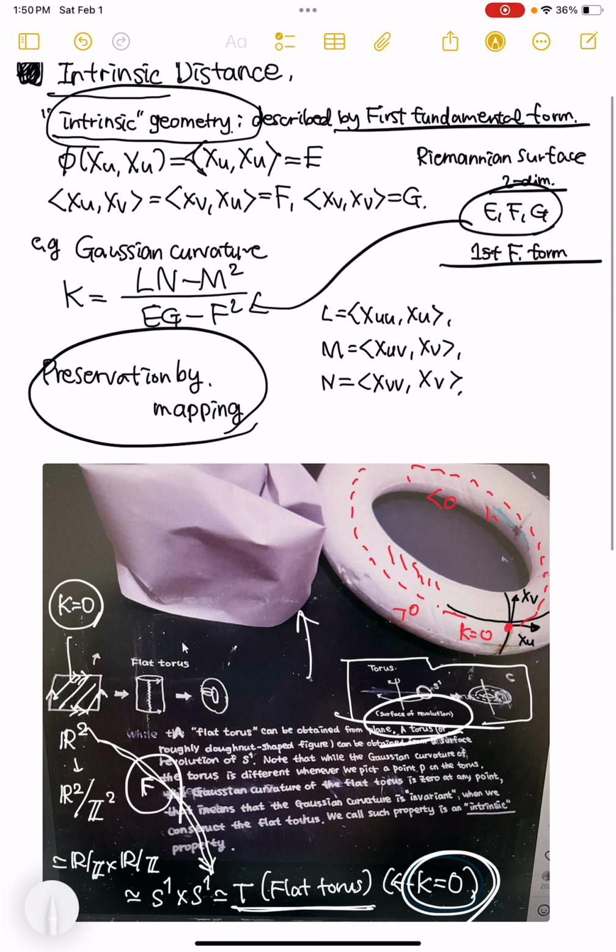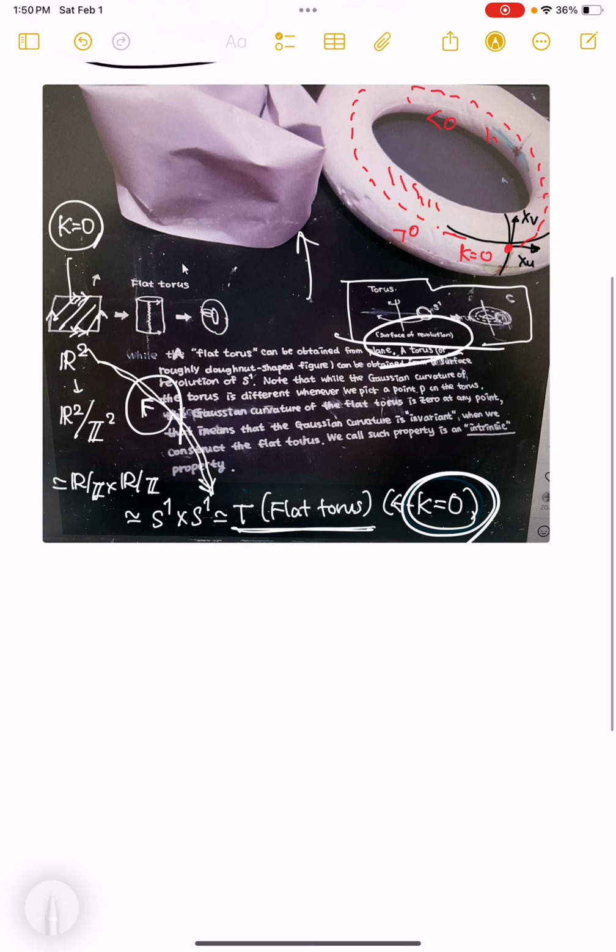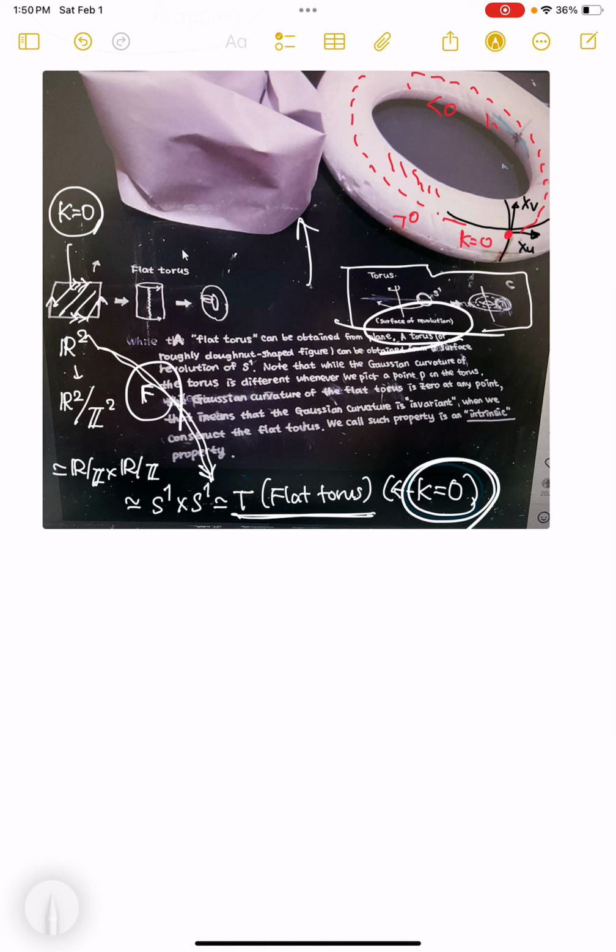Apart from the Gaussian curvature, there is a lot of geometric information based on the intrinsic geometry. For example, intrinsic distance, as I will introduce, or geodesics, and so on. Many kinds of information about intrinsic geometry.